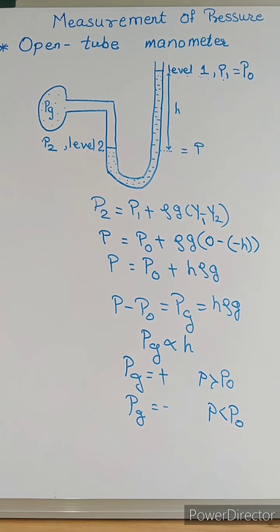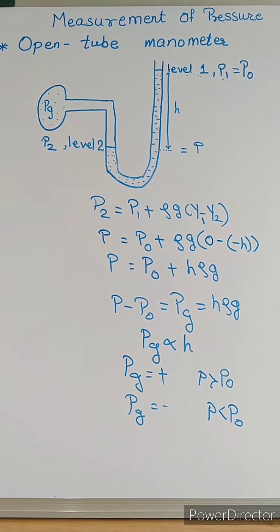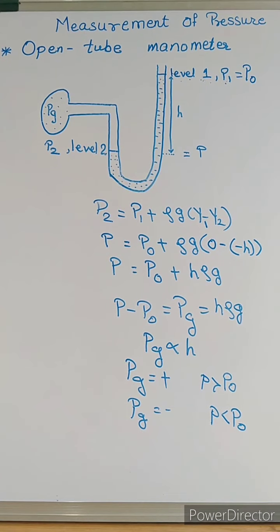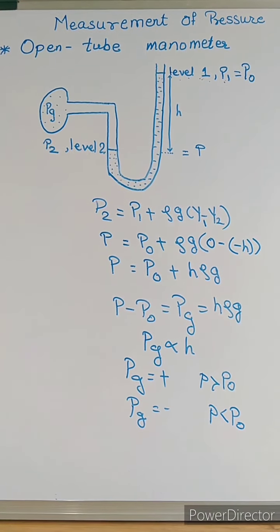As shown in the diagram, level 1 will exert a pressure P1, which is the atmospheric pressure, denoted by P naught. Level 2 will have the pressure P2, which is the absolute pressure, denoted by P. The difference between level 1 and 2 is the height difference h.